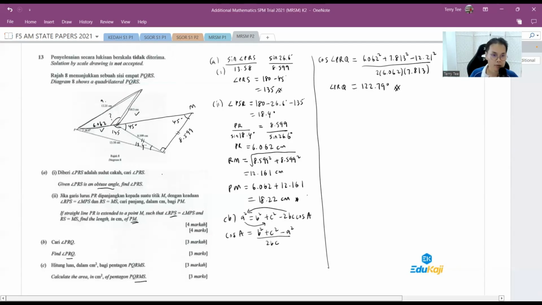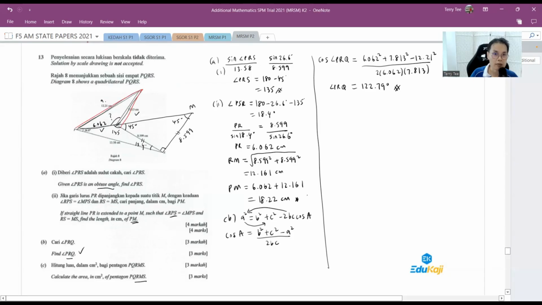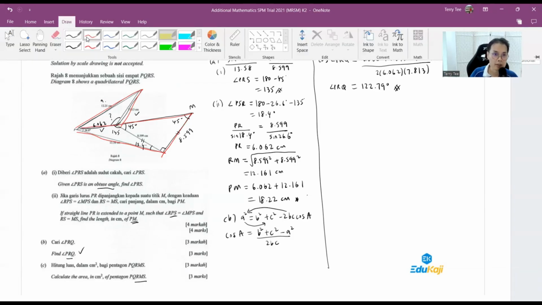All right. So now that I know this angle, we can now find the area of pentagon PQRMS. So that means you're finding the whole thing here. It actually consists of two triangles. The first triangle is this one.